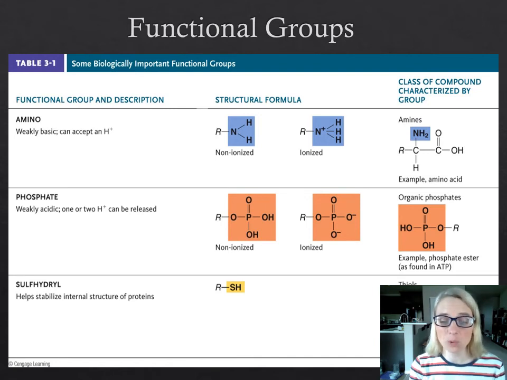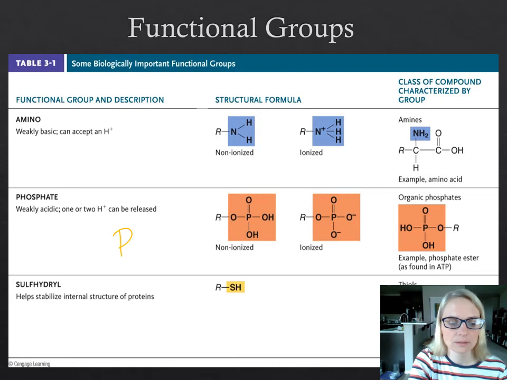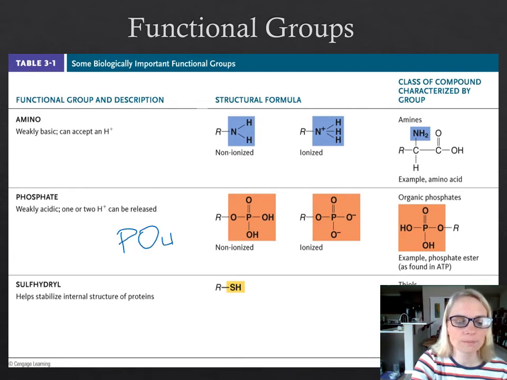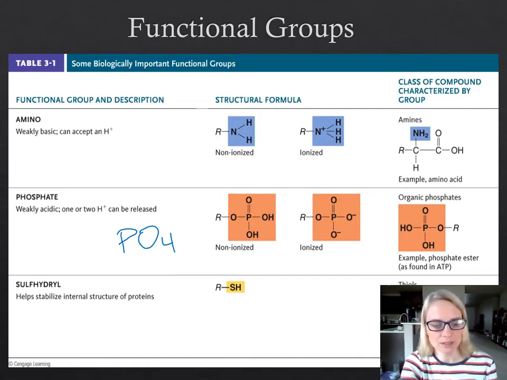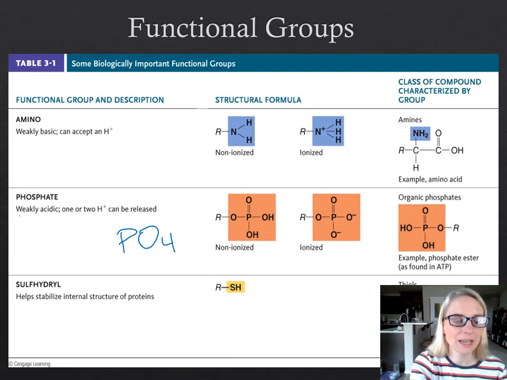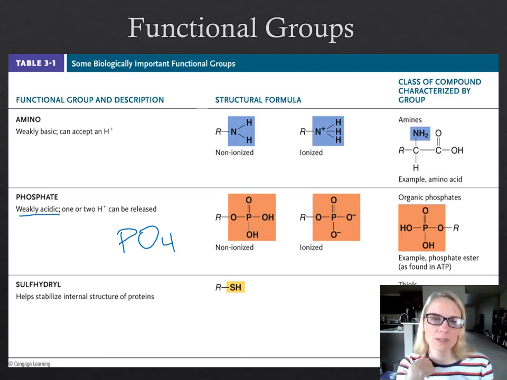All right, our next group is called a phosphate group. It's a pretty big one. A lot of times you might see it as PO4 because it's a phosphate with 4 oxygens. Sometimes it has a hydrogen, sometimes it doesn't. Because it can release hydrogens, a phosphate group can sometimes give a molecule acidic properties.